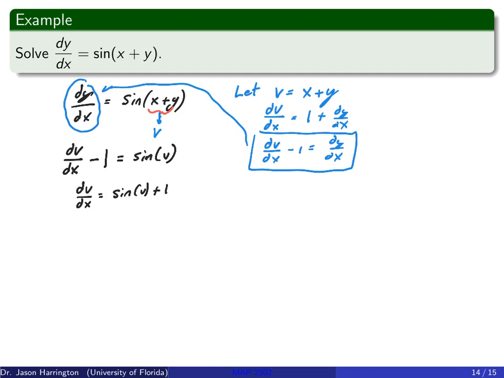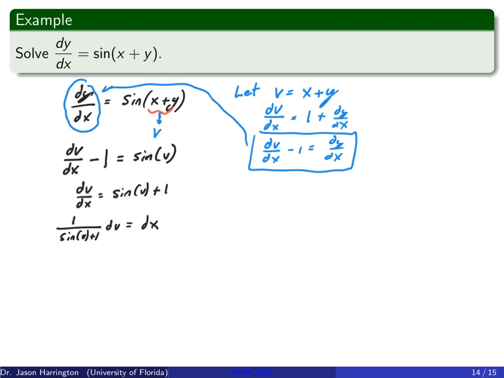Uh-oh. It's looking a little bit more crazy. Then, if I divide everything through, I get 1 over sine of v plus 1 dv is equal to dx. Okay, that looks... Alright, so we need to do something.